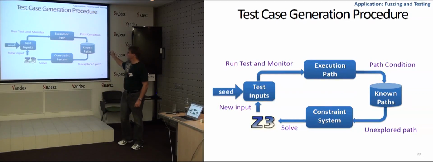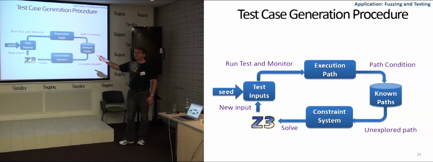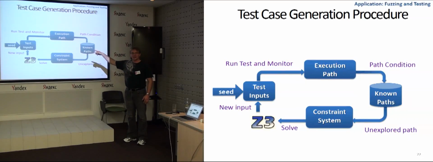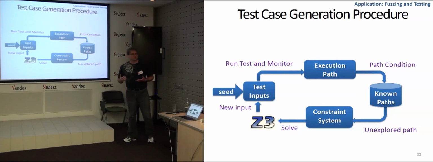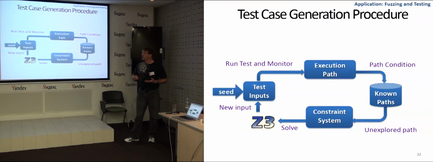This is the main loop of the test case generation tools. They start with an initial input and then run it and extract the sequence of instructions that were executed during a run. And they record the executed sequence of instructions in the database of known paths.